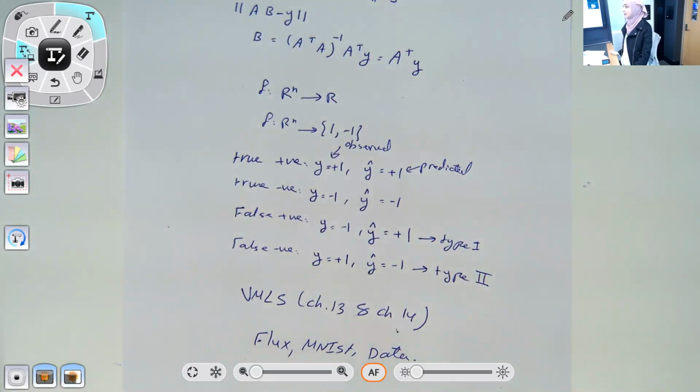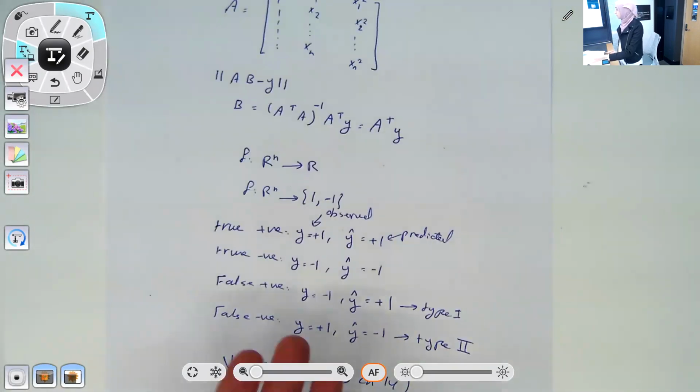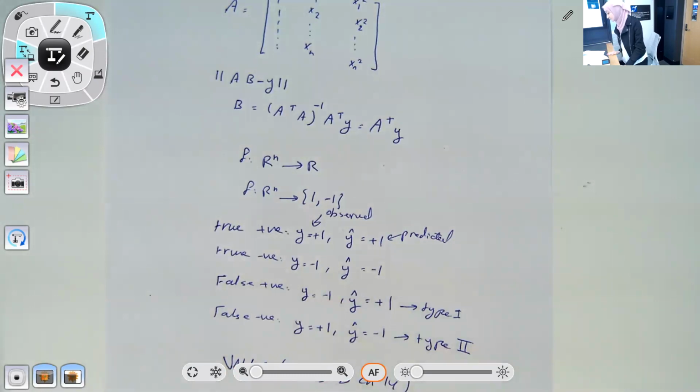Then you need to decide the output. The output should be, for example, in your lecture 3 and 8, 3 for positive and 8 for negative. Here in this case, we have, for example, 1 and -1, 1 for positive, -1 for negative. This is the main idea for classification.